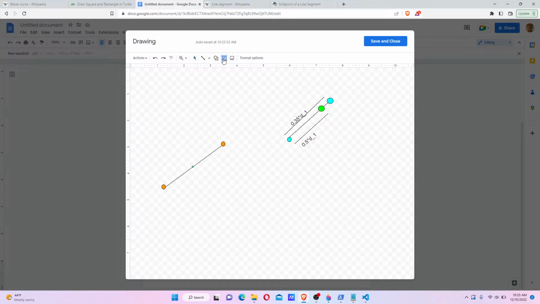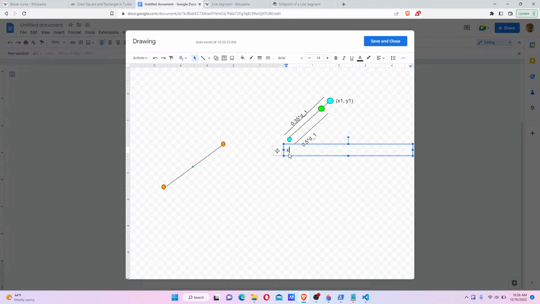Okay, we also know these endpoints here are, say it's x1 and y1. We know the midpoint points are obviously x sub m, y sub m, and that's known.